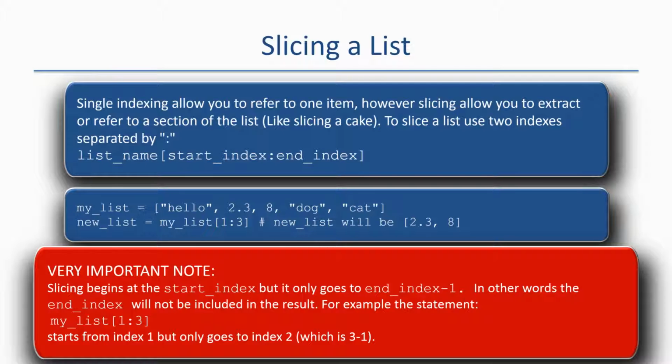In other words, the end index will not be included in the result. For example, when you write this statement, MyList[1:3], the index starts from 1 and only goes to 2 because 3 itself is not included.